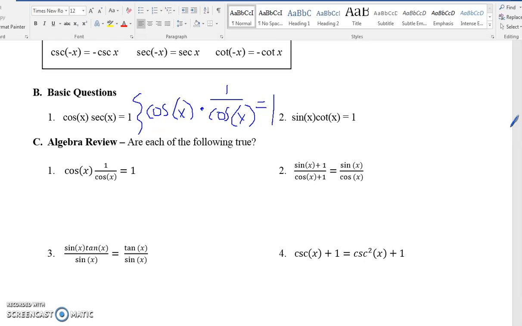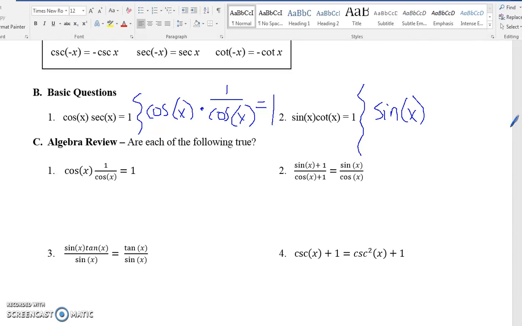If we look at the next one here, sine of x times cotangent of x, does that equal 1? Can we simplify things in such a way for that to be true? So I look at this and I say, well, sine of x is already pretty simple. I'm not going to be able to change that at all. Okay, that just stays the same.